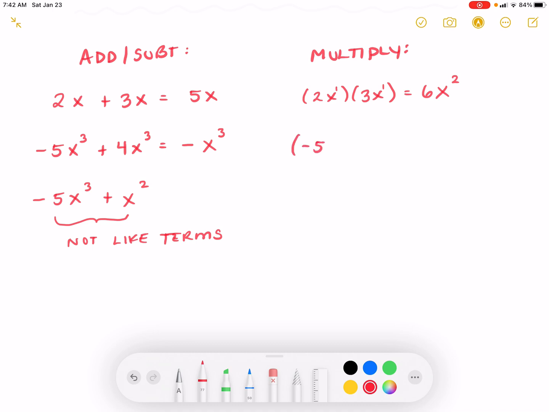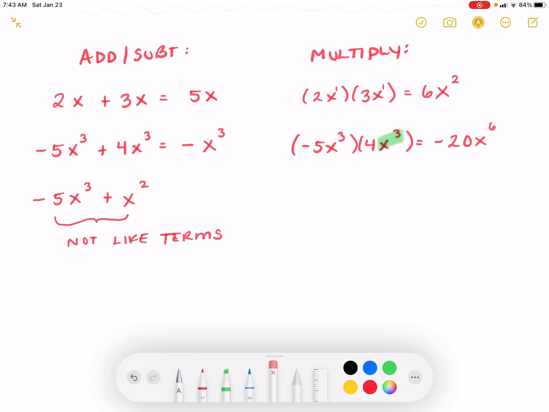So if we have a negative 5x cubed and we multiply that by a 4x cubed, again we multiply the coefficients, negative 5 times 4, and get negative 20. But then we also multiply the x cubed times the x cubed, and we get x to the 6th power because we're adding the exponents.